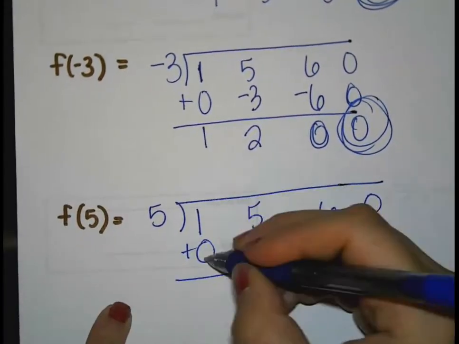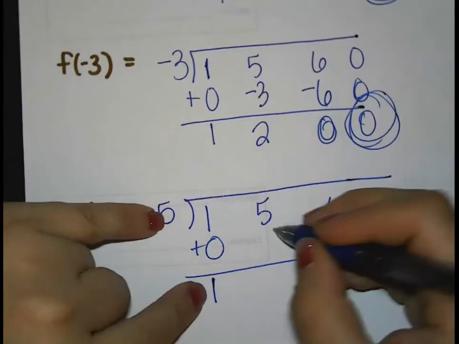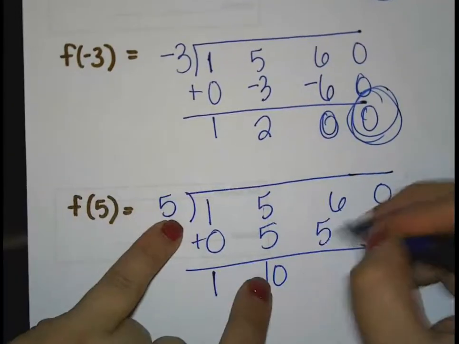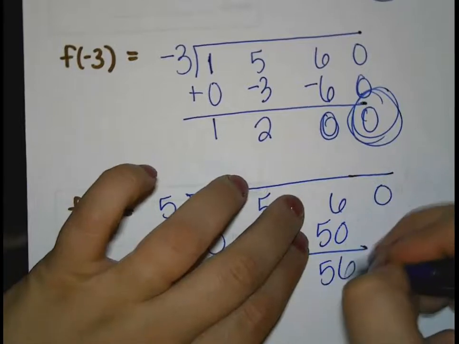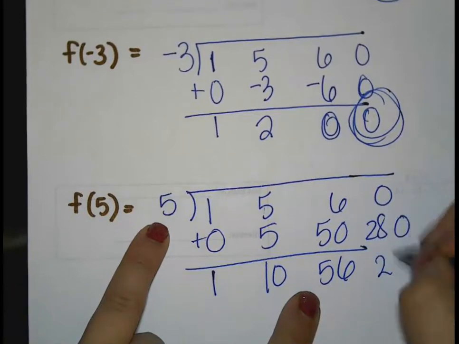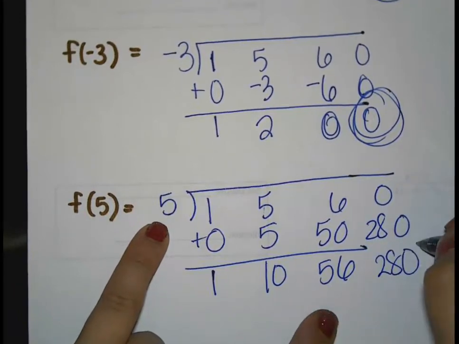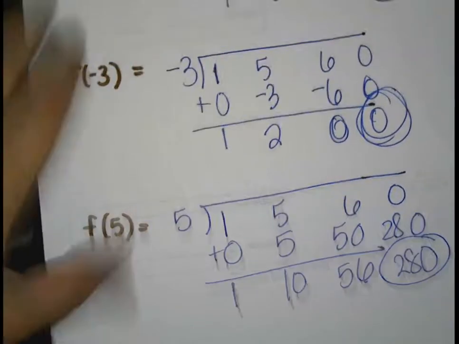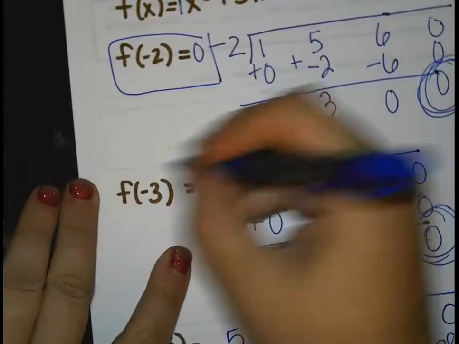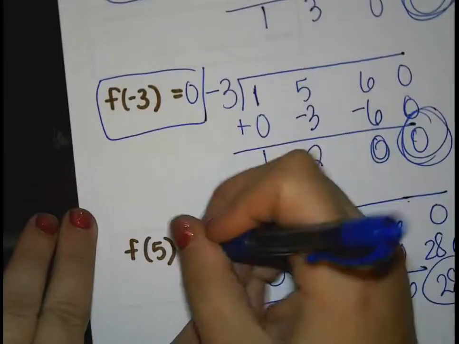So I add, multiply, add, multiply, add, multiply, add. And the answer here would be 280. So this one, the answer is 0. This one was 0. And this one was 280.